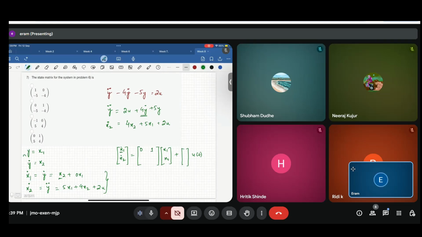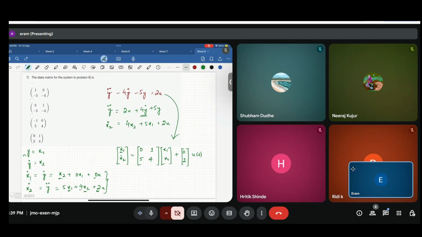What about x2 dot? The coefficient of x1 is 5 and of x2 is 4. In x1 dot there is no coefficient of control, so this is 0, and in x2 dot the coefficient of u is 2. Okay. So this is the state space representation of the differential equation.